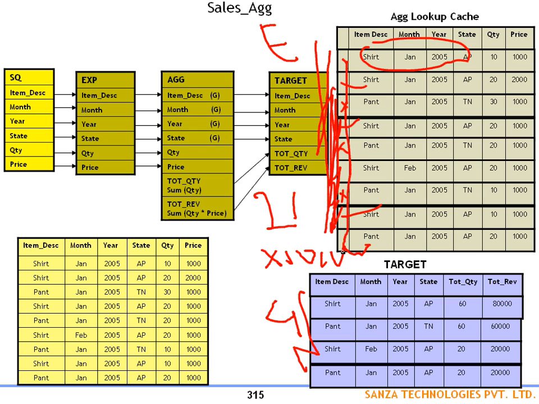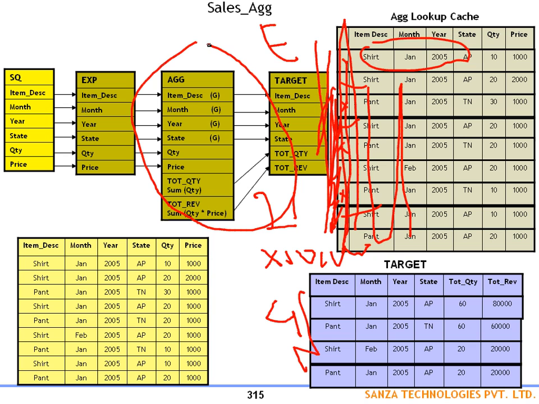For each combination, it will scan the whole cache. That will decrease the performance of your mapping when you have an aggregator transformation. It is a bottleneck in your mapping. But you cannot go away with it, because whenever you want to aggregate the data, you have to use the aggregator transformation.